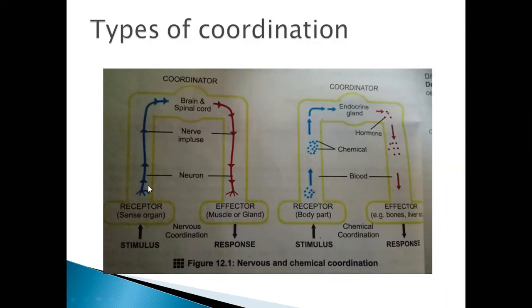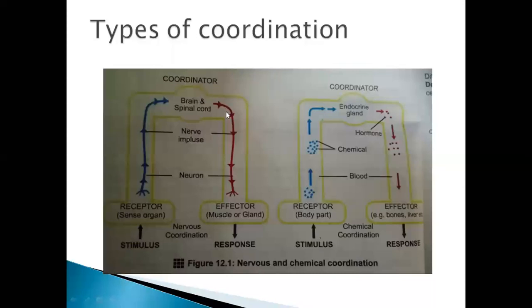The receptor sense organs, they send a message. I told you that in nervous coordination, there are specialized cells. Those cells are known as neurons that give a message towards the brain and spinal cord. The brain reads the message and gives a message to effector cells to perform a certain response.